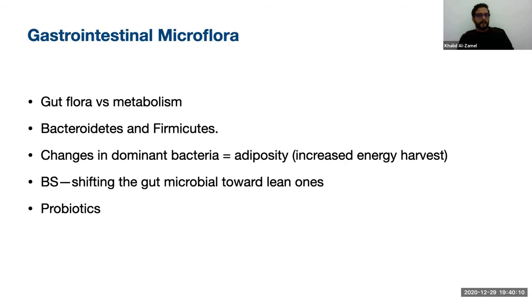But in obese patients, changes in dominant bacteria, namely the firmicutes, will lead to adiposity. How? In the form of increasing energy harvest. In bariatric surgery, this will be shifted back toward lean ones.